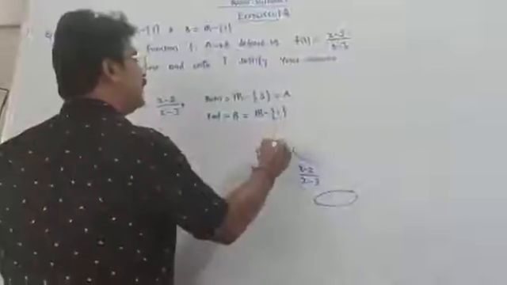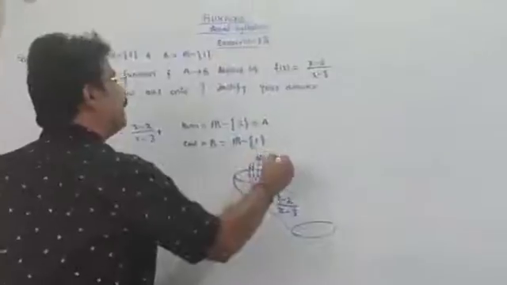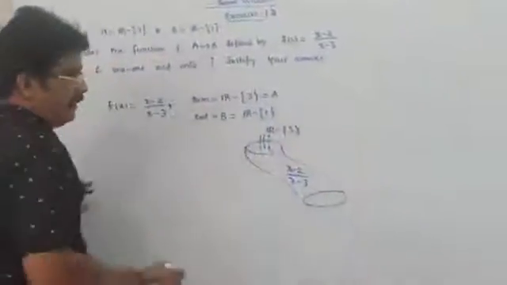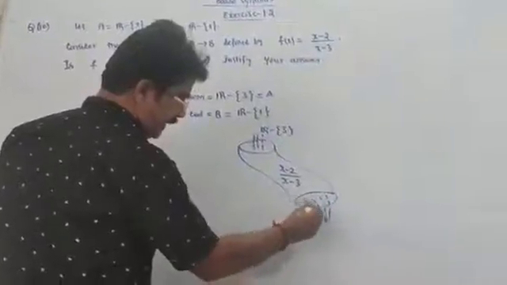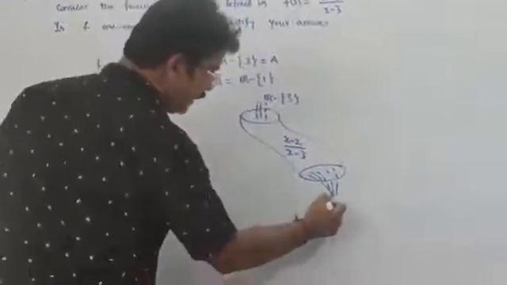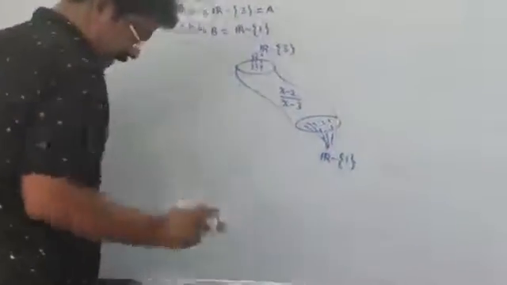So you can put any real number except 3, but the output or range will be any real number except 1.